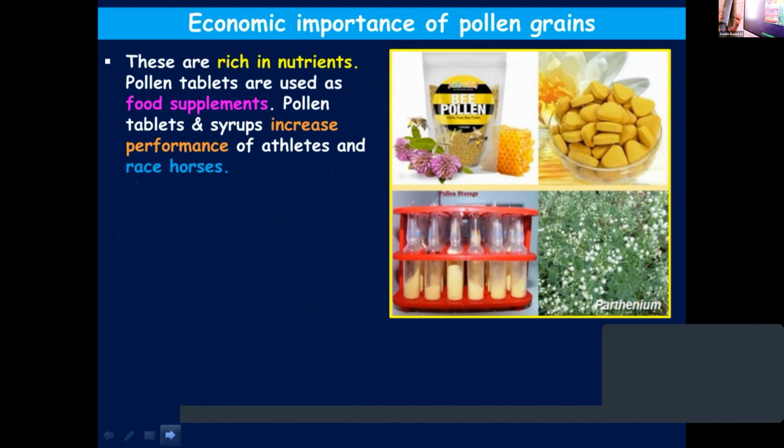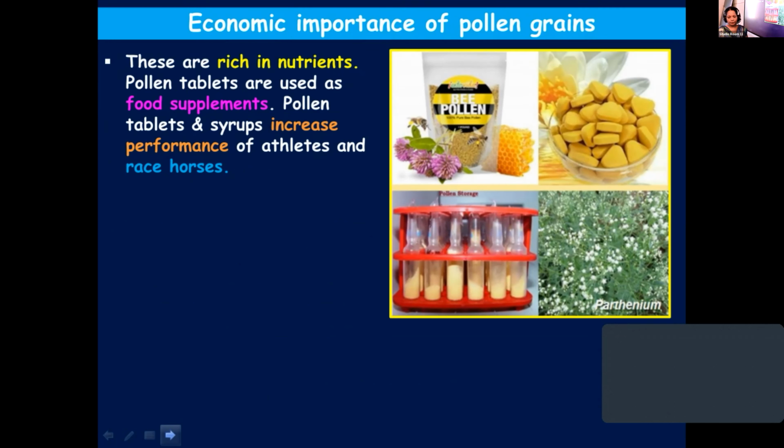Quick recap, economic importance of pollen grains. Pollen grains, as I told, are rich in nutrients. And pollen tablets and syrups can be used as food supplements for increasing the performance of athletes and race horses. Then we can store them in liquid nitrogen at negative 196 degrees Celsius. The advantage of storing them like this is that they serve as pollen banks.